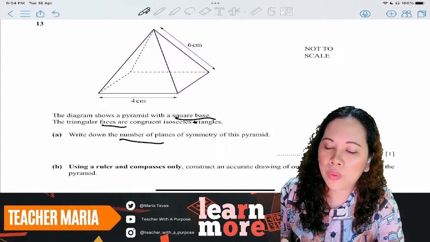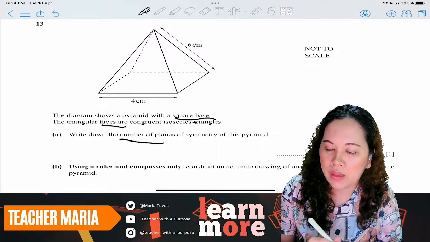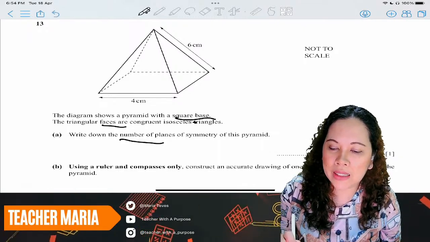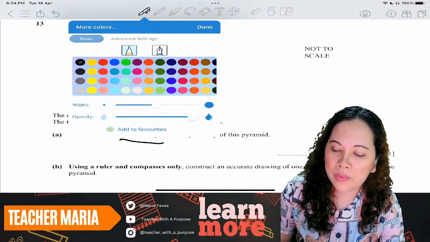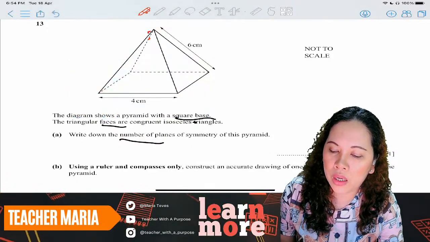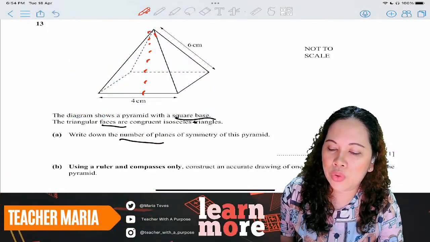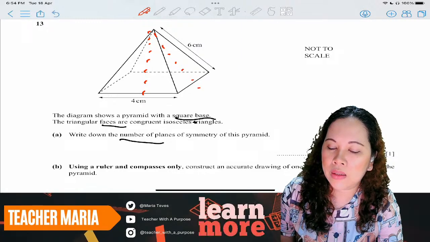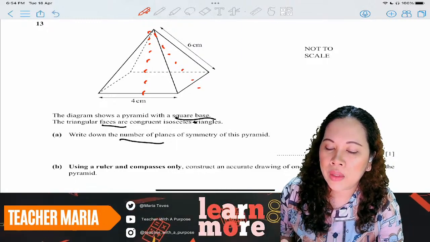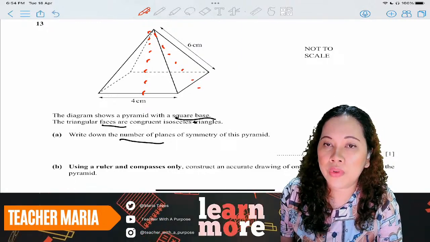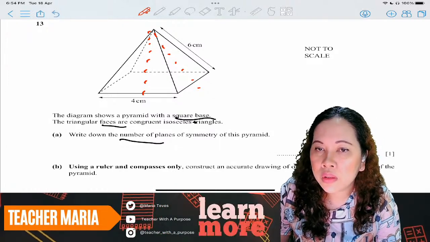So where are the planes? You have 1 from this side, 2 from this side.